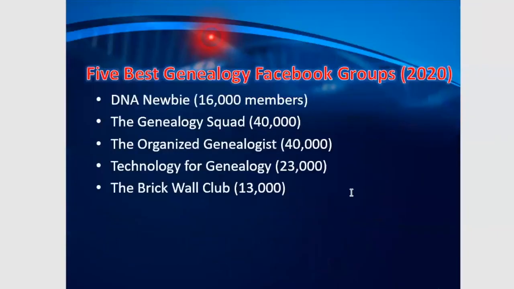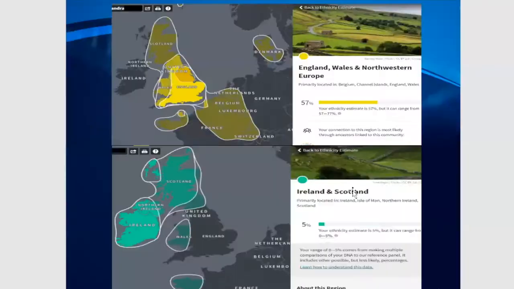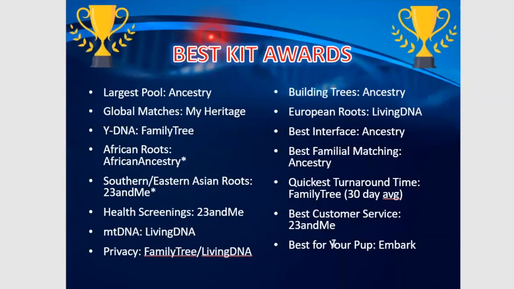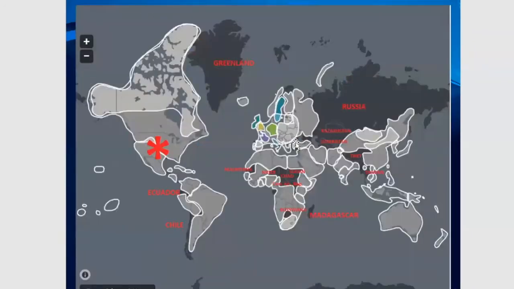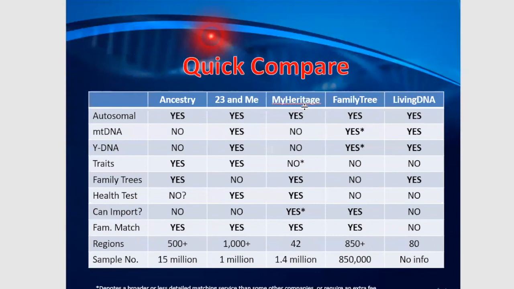The one that I think would probably be best for that would be, MyHeritage does not, Family Tree does, and Living DNA does, and 23andMe does. I cannot tell you for sure which one is most well received for that.